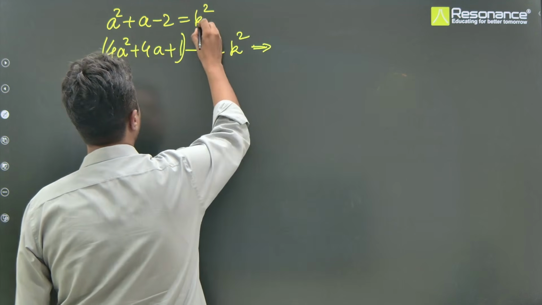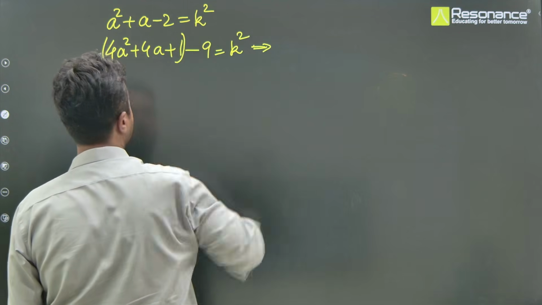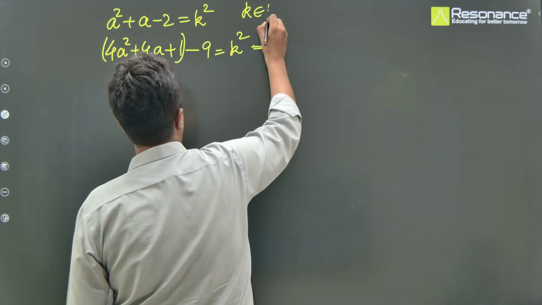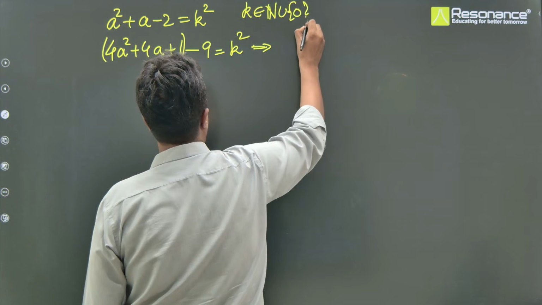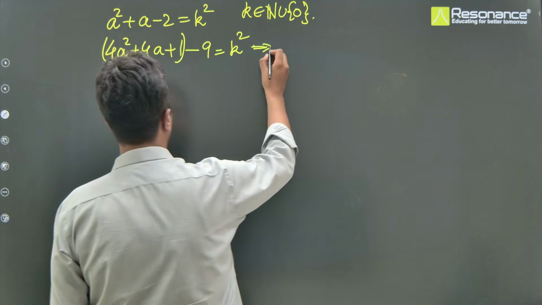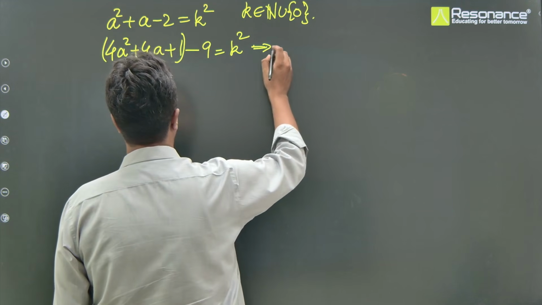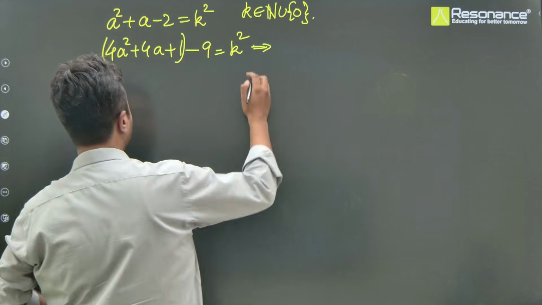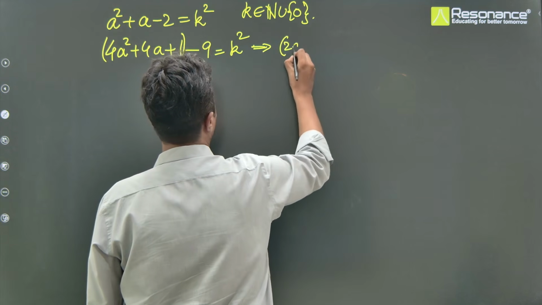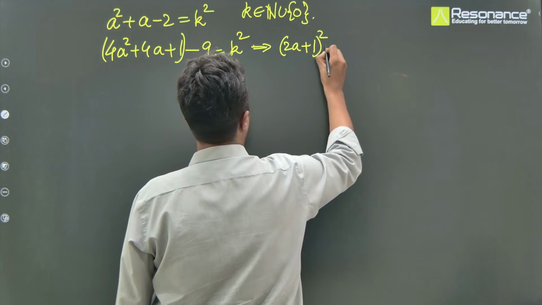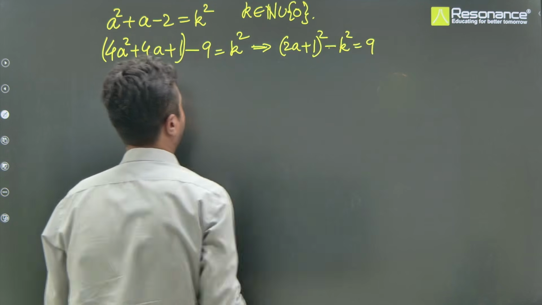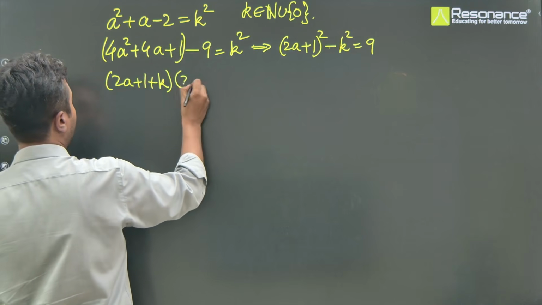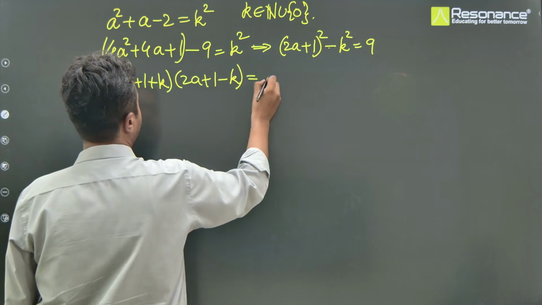By the way, since this side is anyway greater than or equal to 0, I can pick k to be a whole number. Also k must be some even number, but that's okay, that will also follow from the very definition. So we have (2a plus 1) whole square minus k square is equal to 9. So that tells us that (2a plus 1 plus k) into (2a plus 1 minus k) is equal to 9.